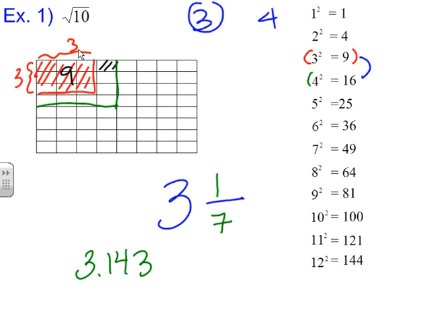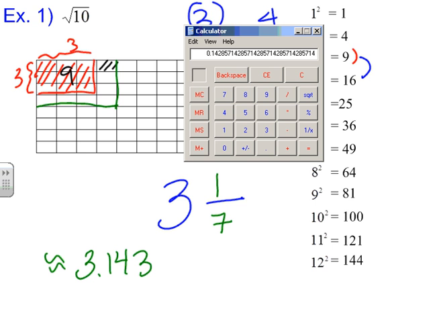So if we use the calculator to find the square root of 10, we're going to say it's approximately 3.143. Now let's find out what the square root of 10 is and see how good our little diagramming is to find the right answer. So the square root of 10 is 3.16. So it's not too bad. We're a couple hundredths off, but that's a pretty good approximation without a calculator.